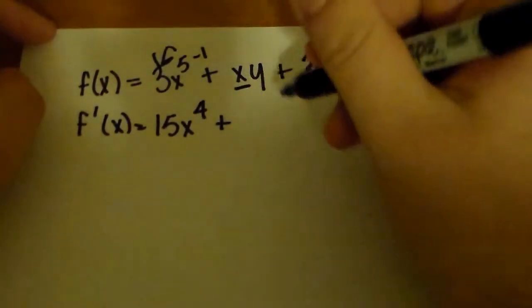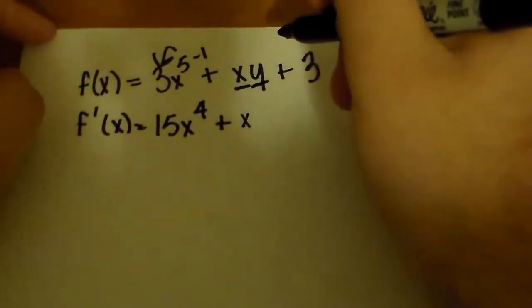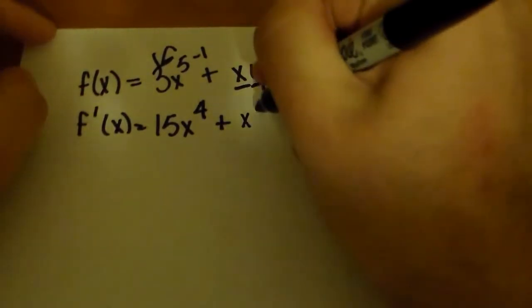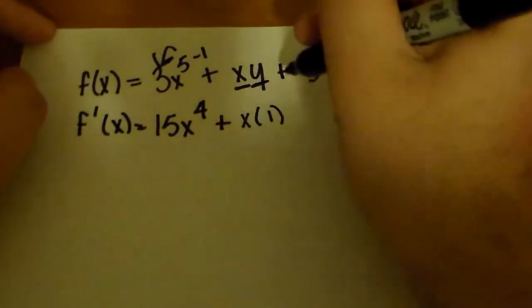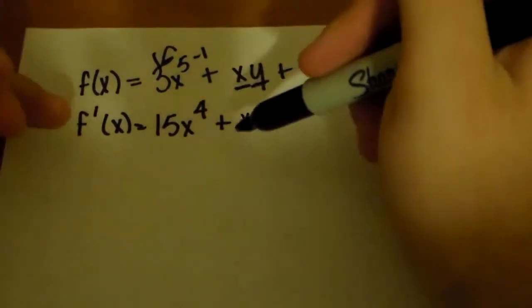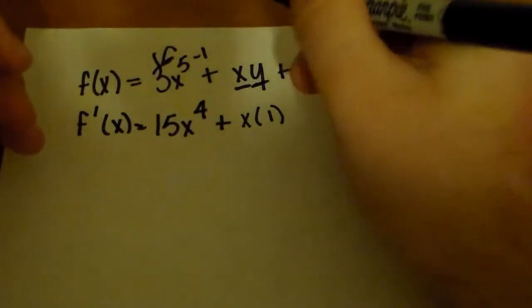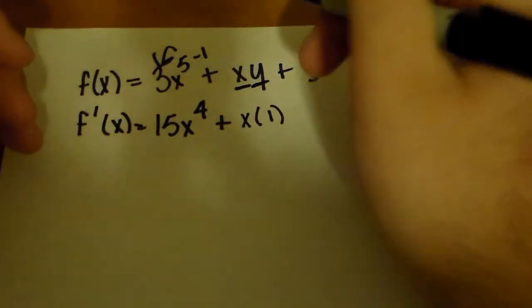first, which would be x times the derivative of the second. For this, we would just put 1. In a later problem, we're going to be using what's called implicit differentiation, which is a totally different thing.